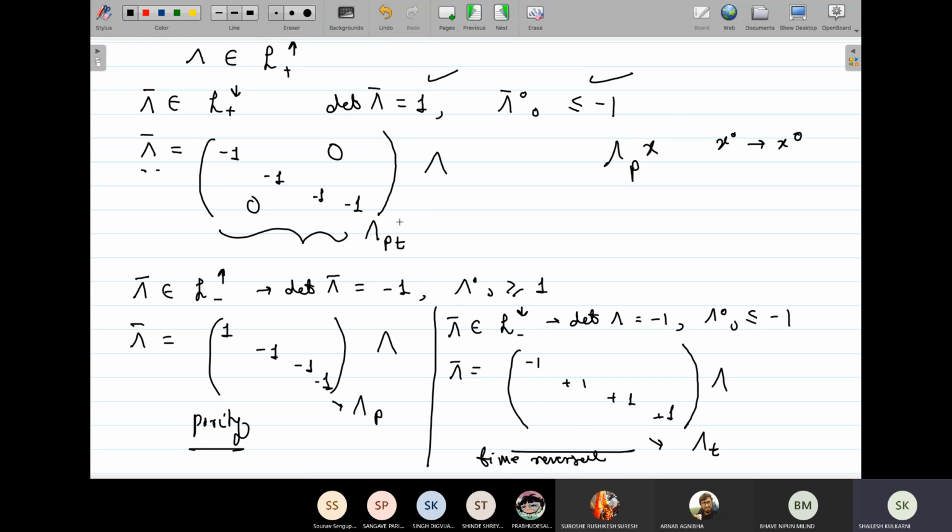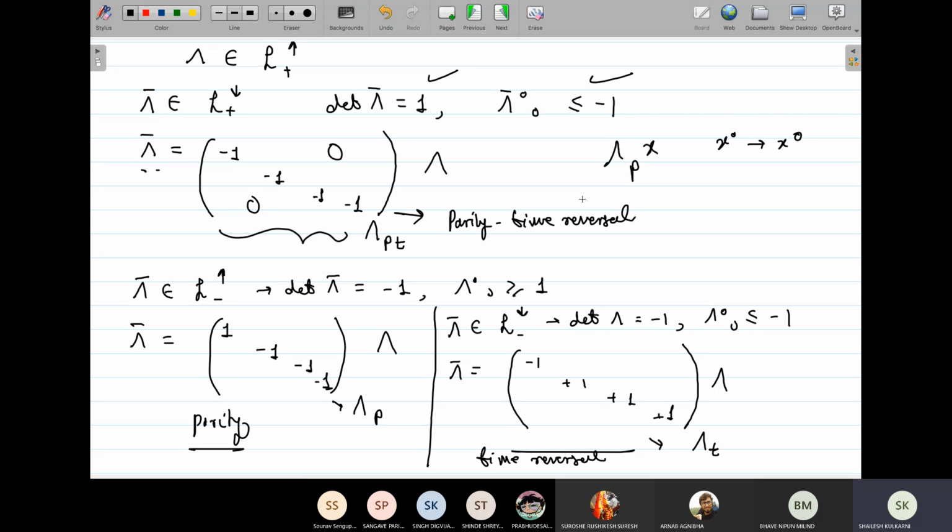And this analogously you can say it is parity and time reversal, both. Okay, clear?